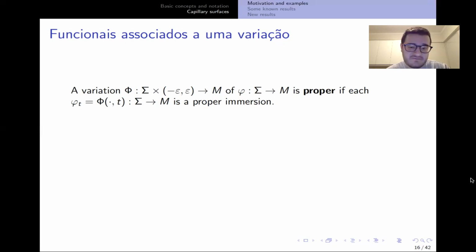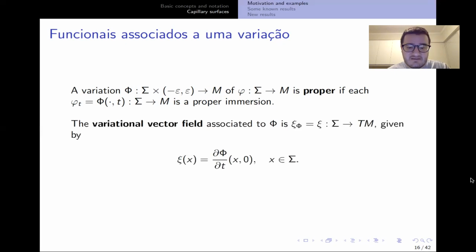So phi is always smooth, we always consider it to be smooth, and we will always consider it to be proper as well.